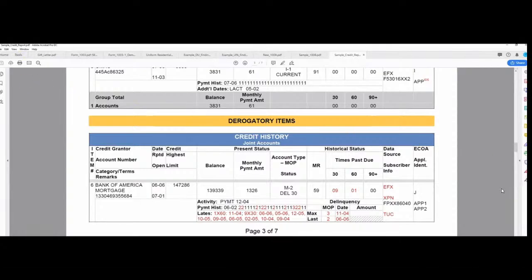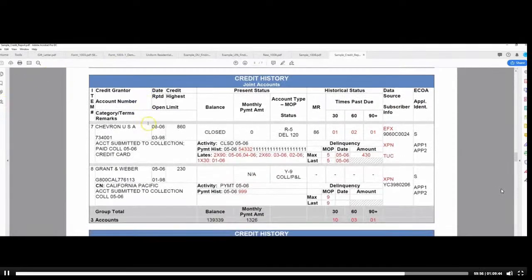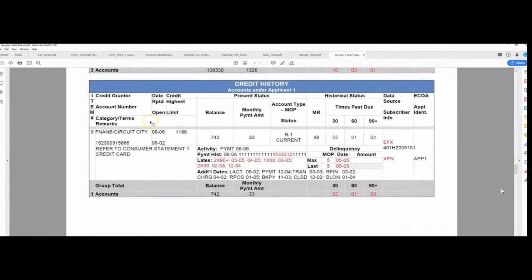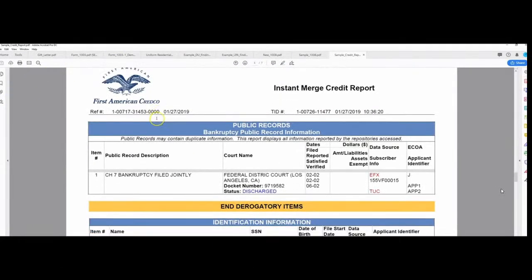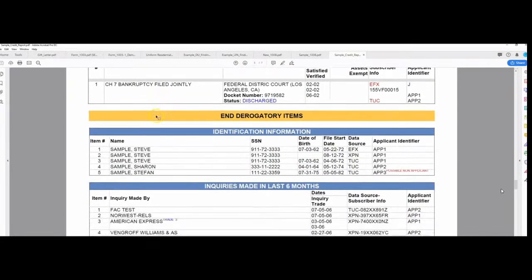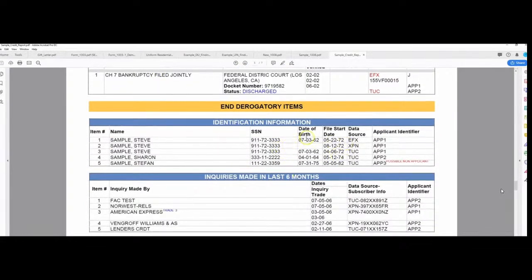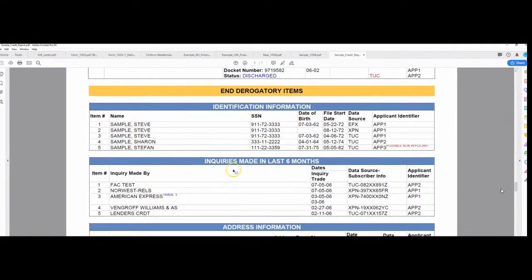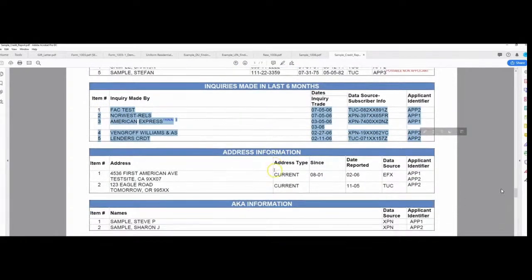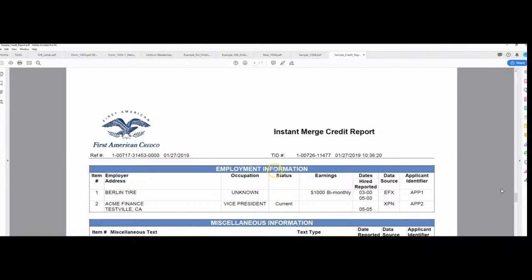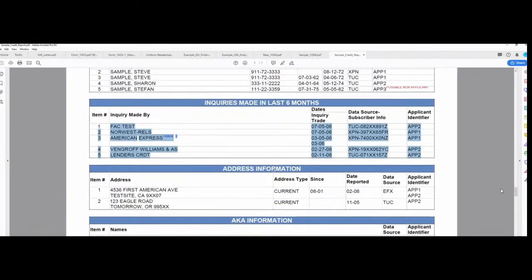So these are the credit report items. If you scroll all the way down, it shows credit history again, more lates, the information that's pulled, date of birth, all the inquiries that were done, addresses, information, AKAs. So these are all things we do have to go over and verify.